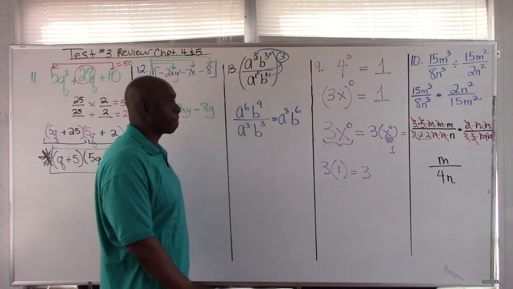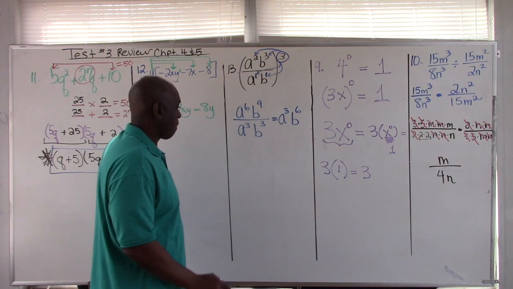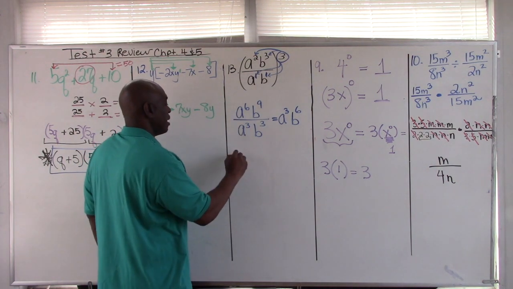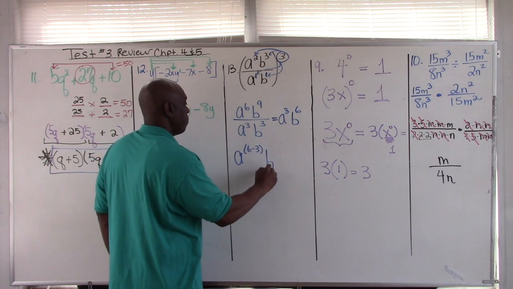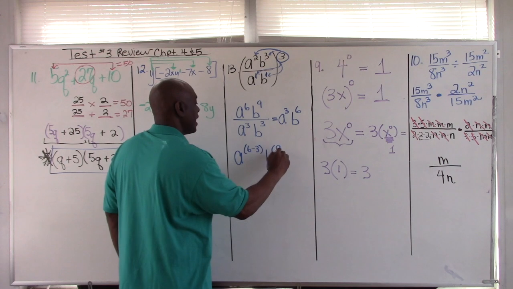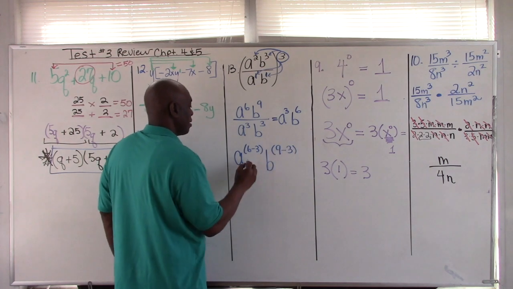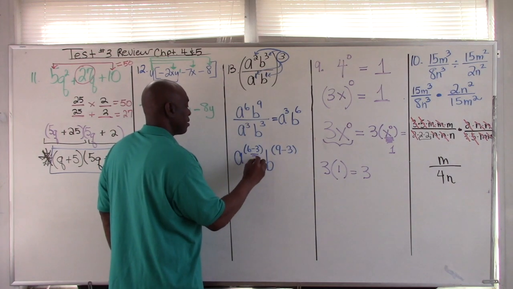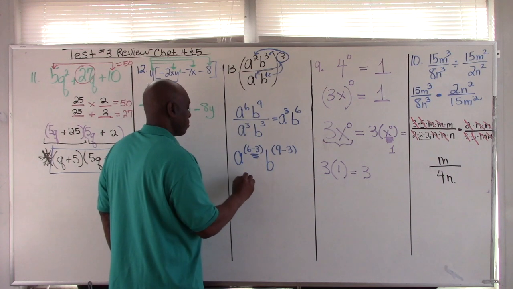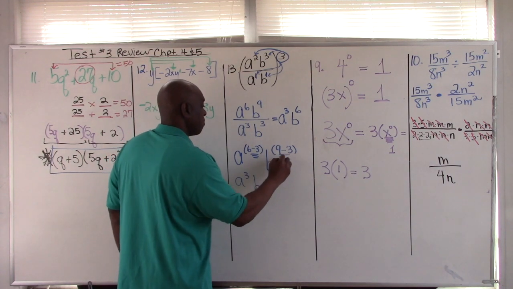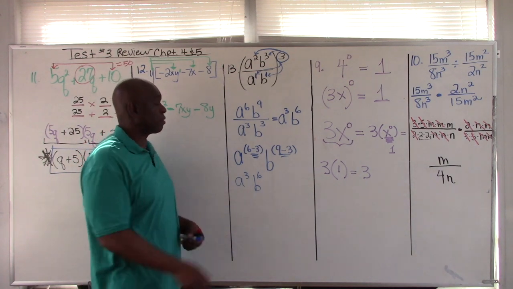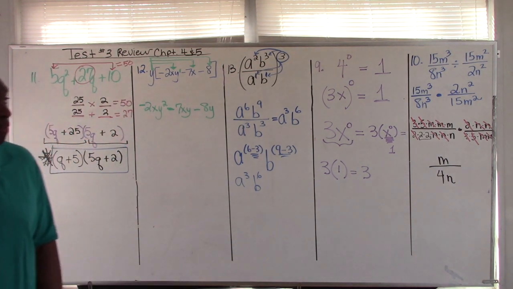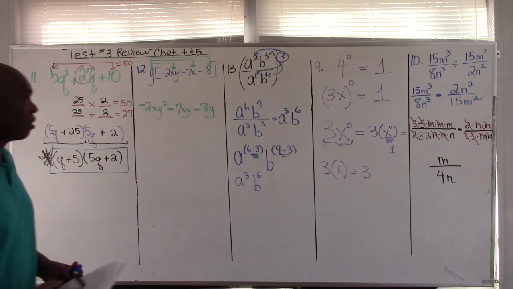That's a wrap. Okay? So in essence we said a to the power of 6 minus 3, and then b to the power of 9 minus 3. 6 minus 3 is 3, and 9 minus 3 is 6. Okay? That's what we did. So that was done. Alright, that's number 13.